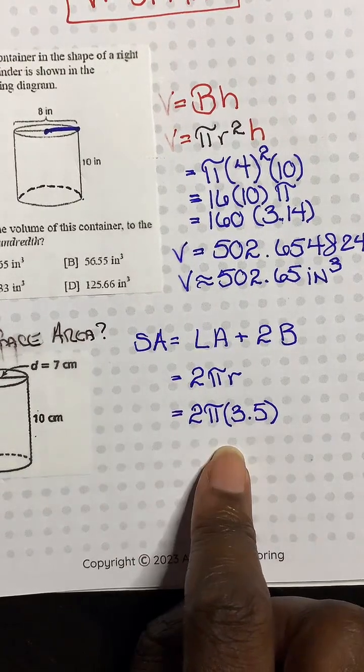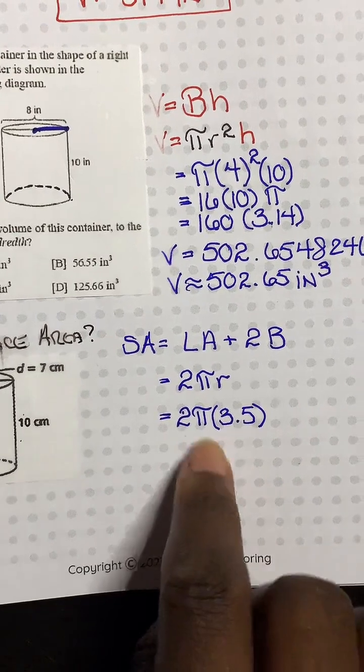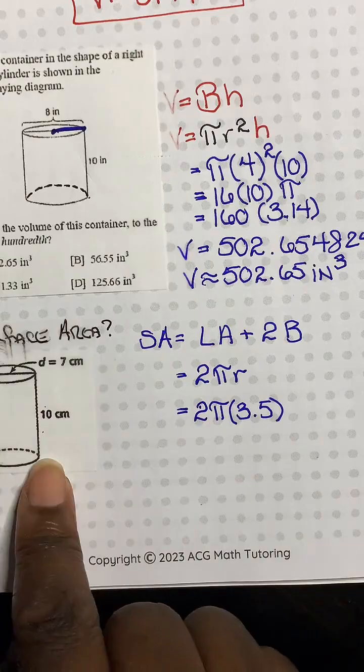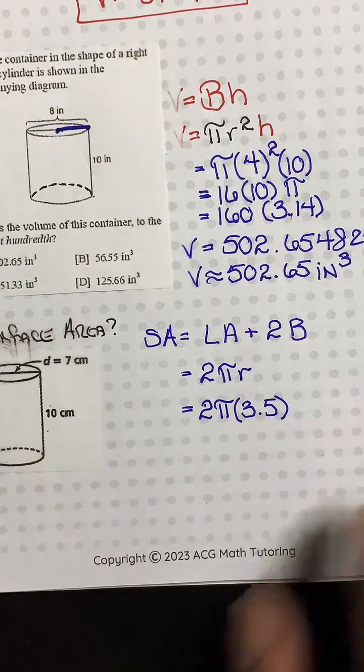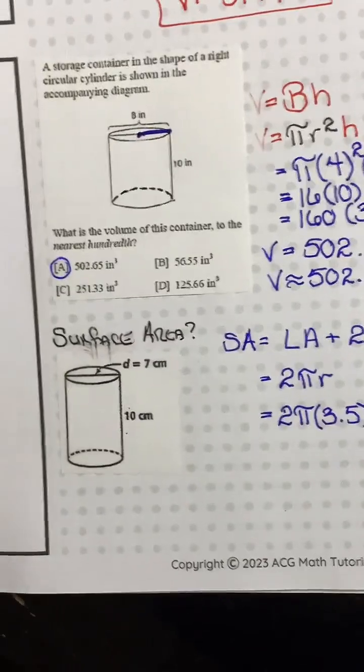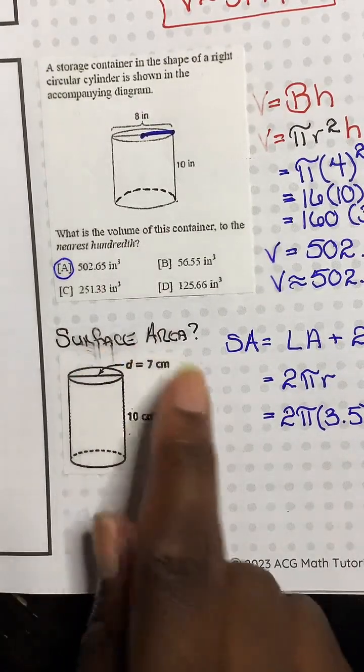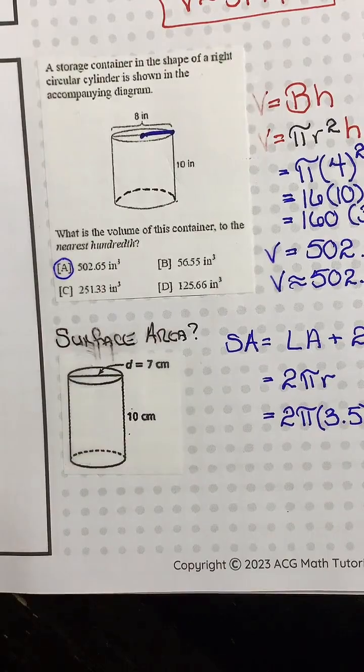Looking at surface area, it's basically looking at how you wrap around your can or your cylinder. Even though it says surface area, part of it is area, but part of it is also circumference.